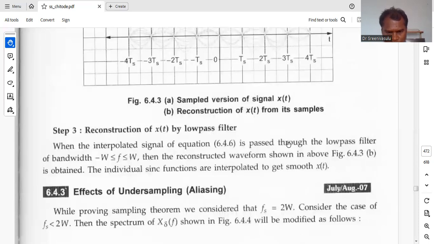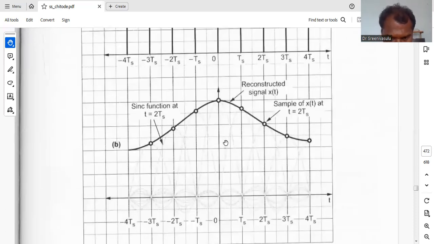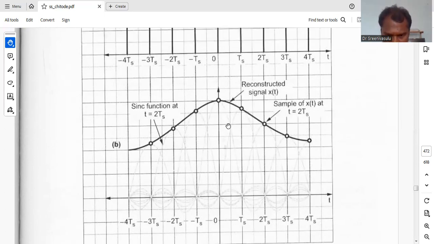If we observe this, an infinite number of sinc pulses are going to be obtained. It is not 100% visible here, but if you closely observe, it is one sinc pulse, next it is another sinc pulse, and another sinc pulse.